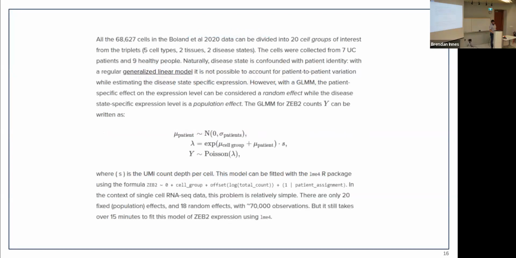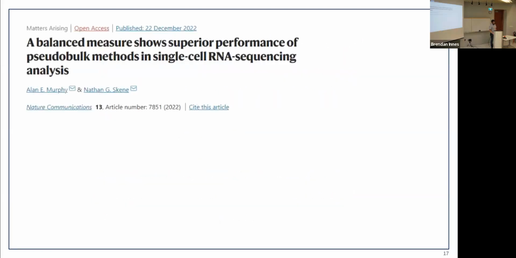He actually has the random effect term built into his linear model here, and this was before the Langefeld paper. Anyway, the Langefeld paper and the random effect term being better than pseudobulk raised some stink, at least with this group, who argued that no, pseudobulk is in fact better, your metric was wrong.